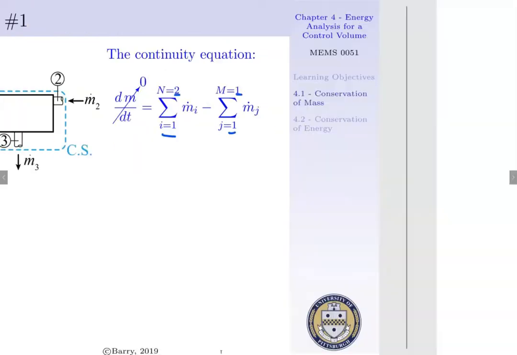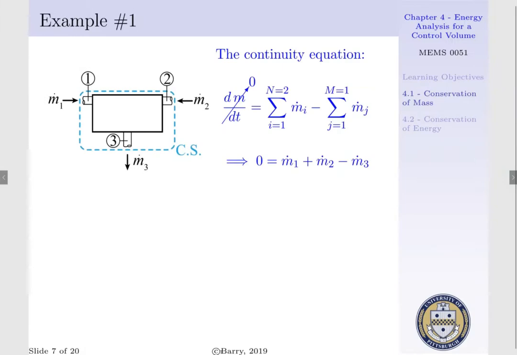Thus, we can re-express our continuity equation as 0 is equal to m dot 1 plus m dot 2, which represents our mass flow rates into our system, less m dot 3, our mass flow rate out of our system. We already know our mass flow into our system, m dot 1, and we have two unknowns.